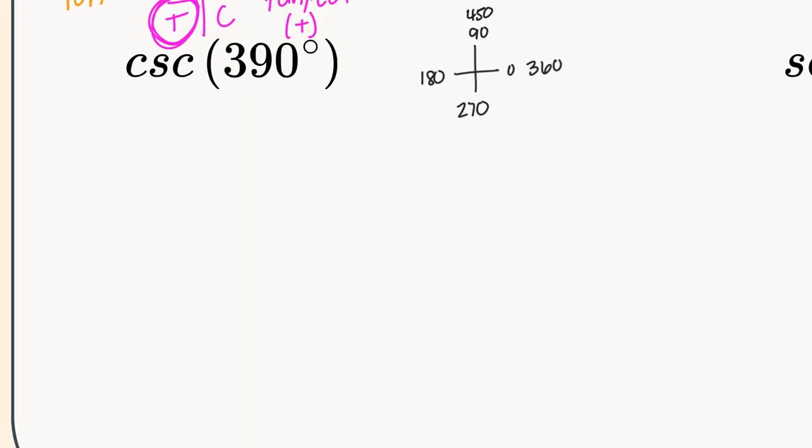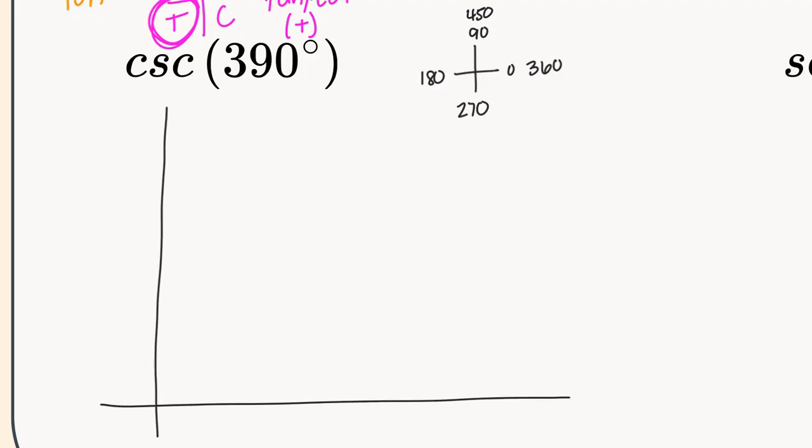So where would 390 fall? It's going to fall somewhere in quadrant 1. So again, just doing a rough sketch of quadrant 1 right here. Okay, 390 is going to be somewhere in quadrant 1, so something like this.